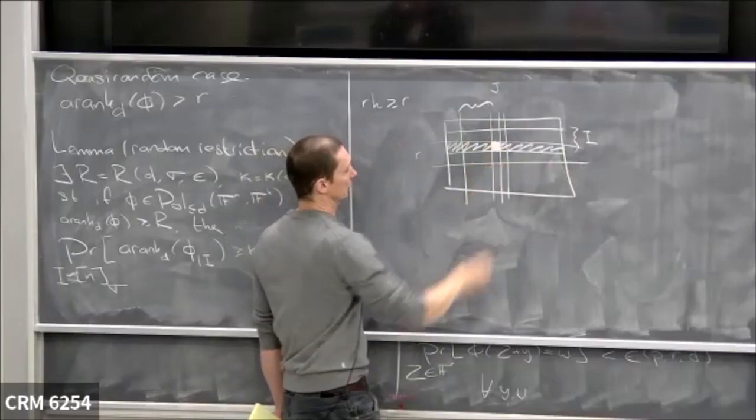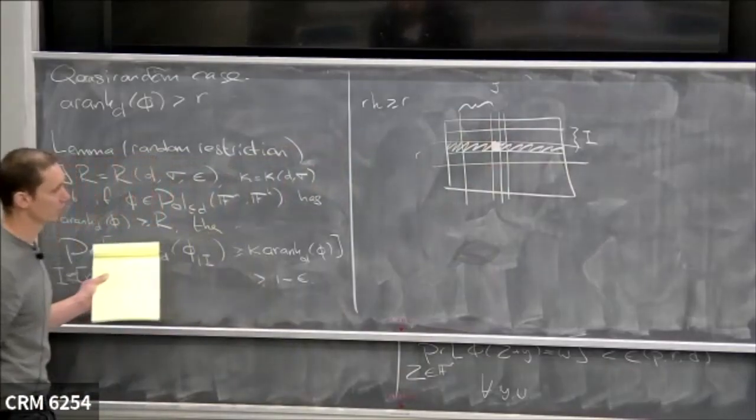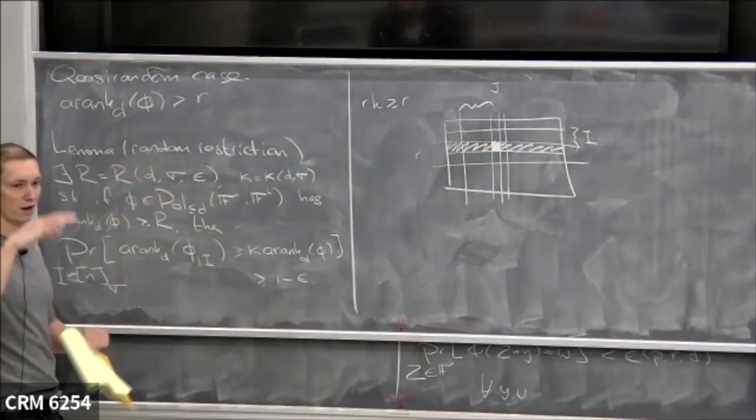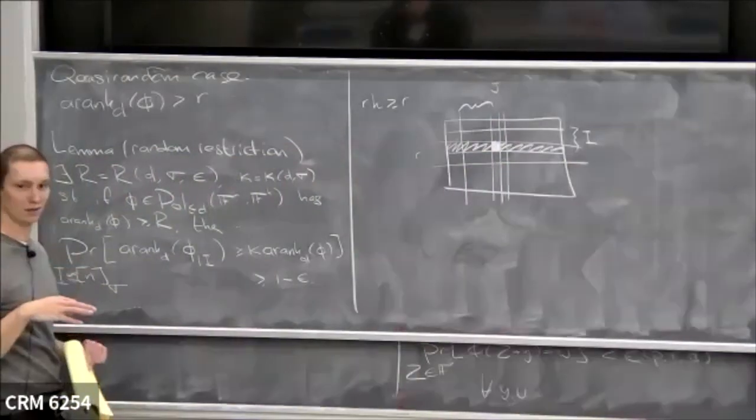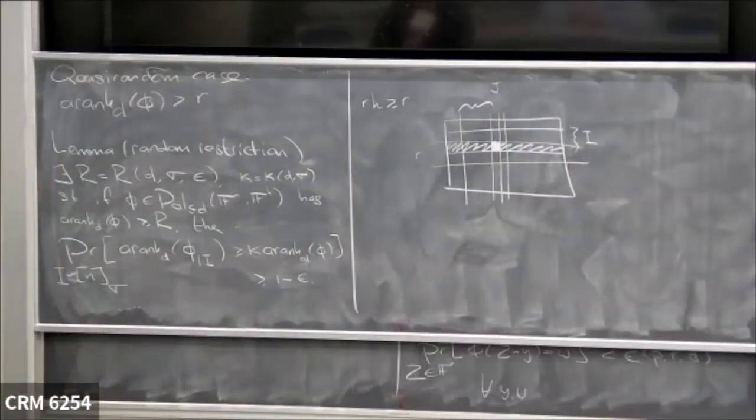So in a sense, you can prove this type of result for matrices using the fact that there's a high rank core present somewhere in your matrix, and the fact that we're sampling the rows and columns, or the coordinates, independently.